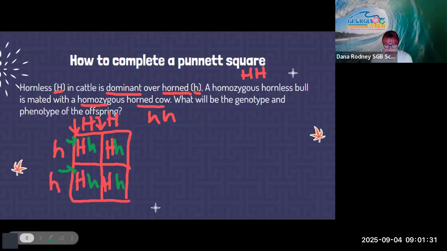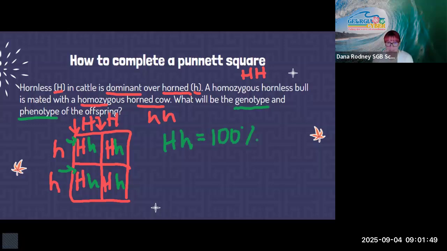So our genotype, remember, that's our letters. Phenotype is what it looks like. So genotype is the letters, phenotype is the physical traits. So in this case, all 4 boxes are capital H, lowercase h. That means it is a 100% chance of being heterozygous. Remember, hetero means different. So that's where we get capital H, lowercase h. 100% chance of being heterozygous.